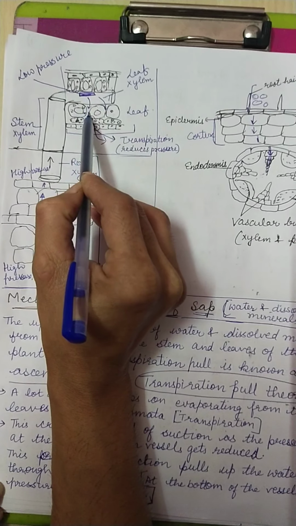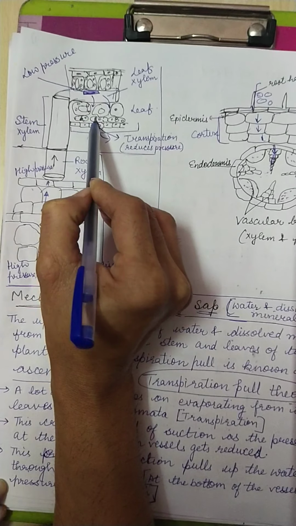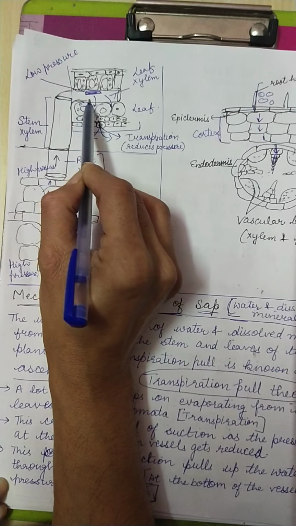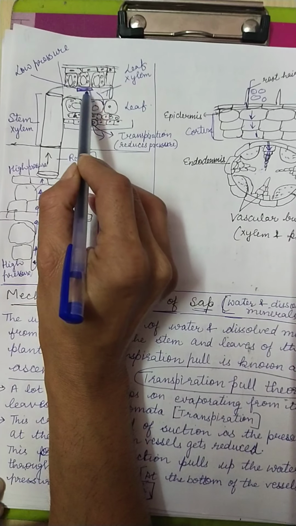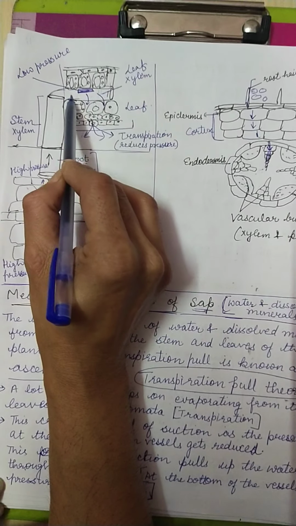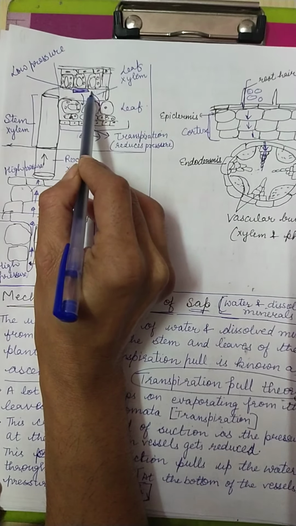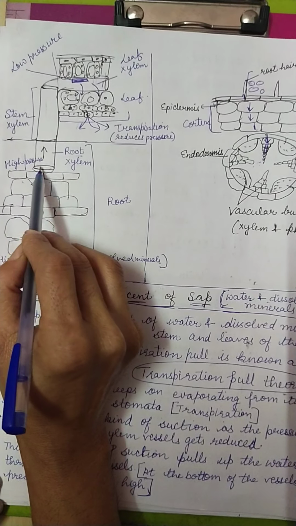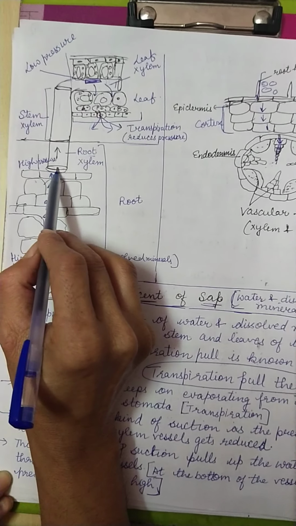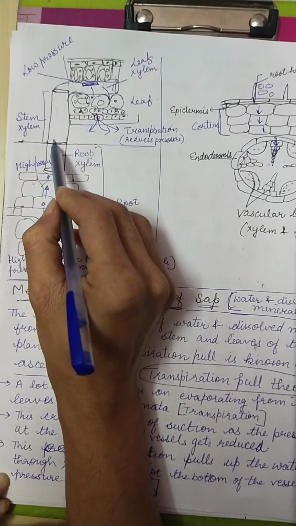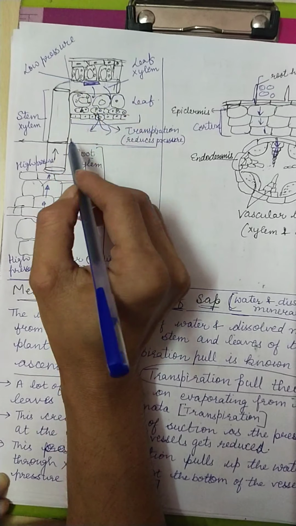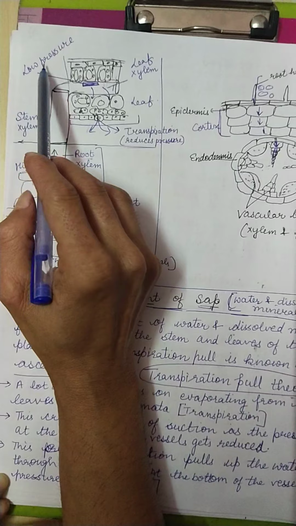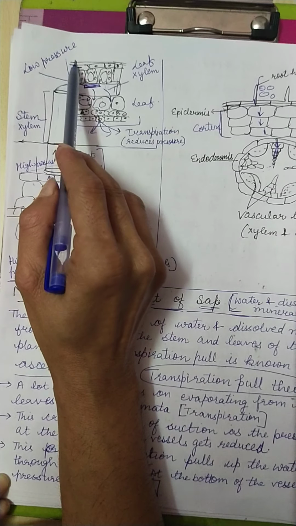When the water from leaf xylem also continues to evaporate, a low pressure region is created there. When the pressure at the top of the leaf xylem is reduced, but the pressure at the bottom of the root xylem is high, this creates a pressure gradient and water moves from a region of high osmotic potential to a region of low osmotic potential.